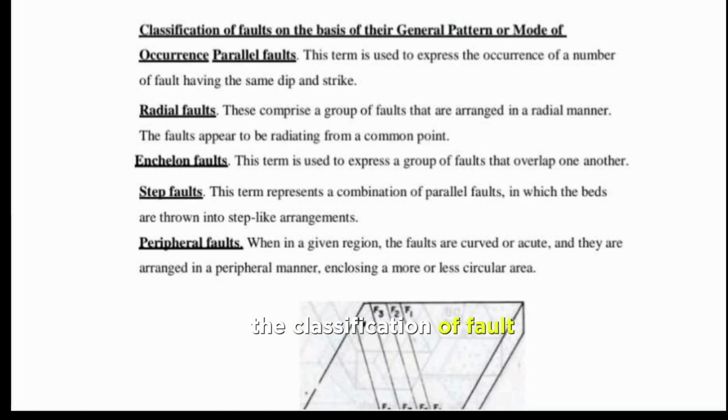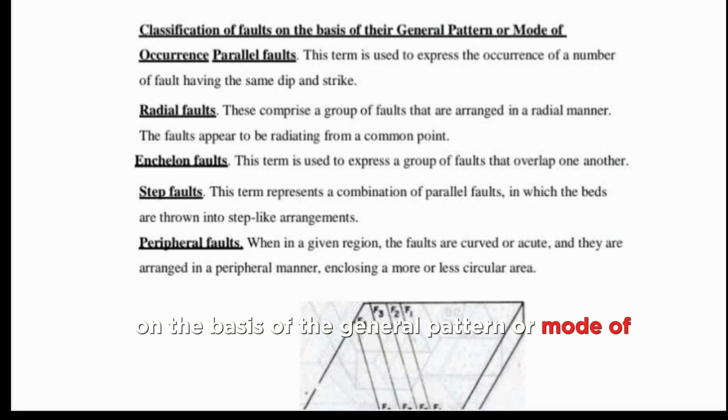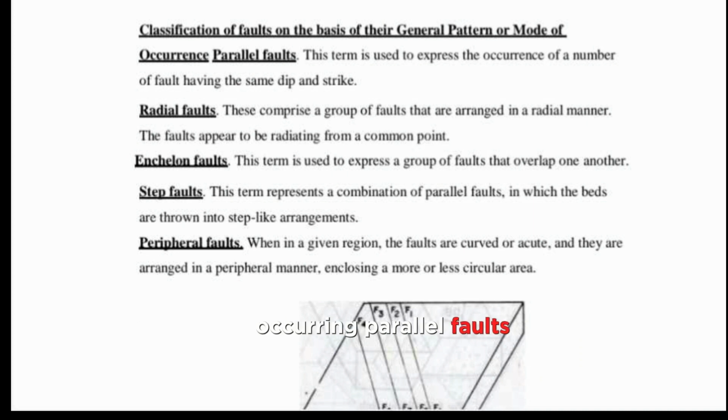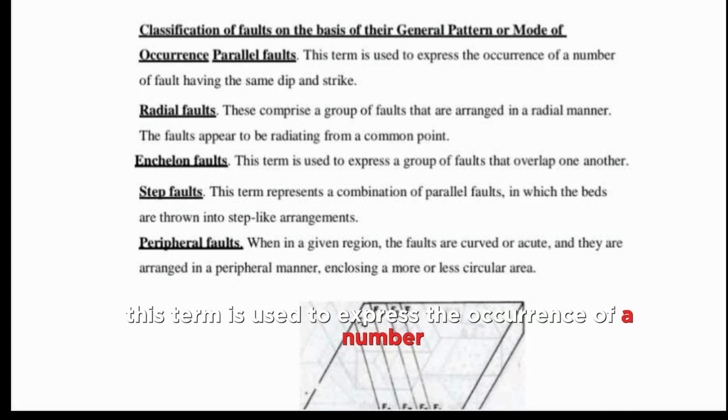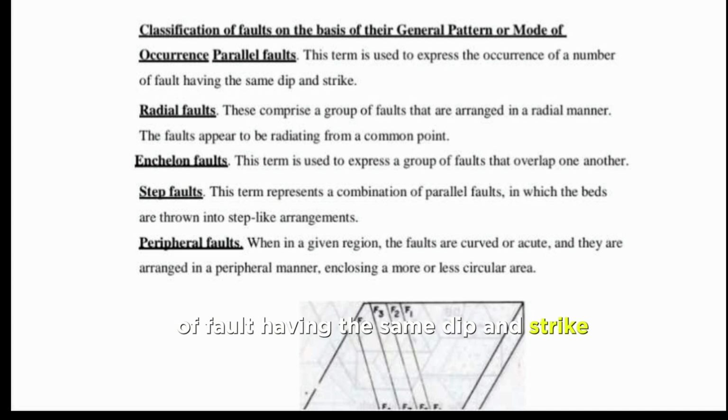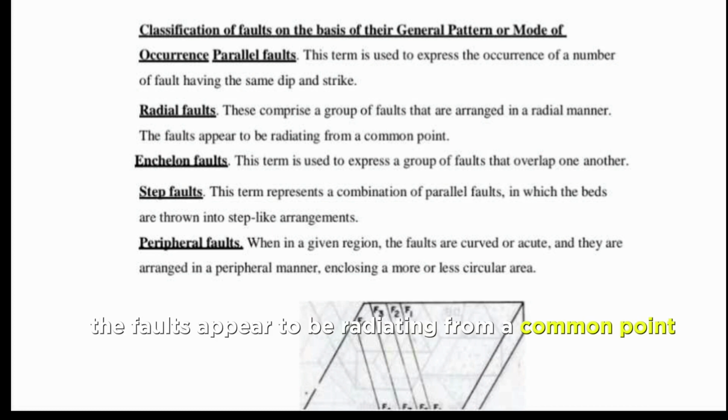The classification of faults on the basis of their general pattern or mode of occurrence. Parallel faults: this term is used to express the occurrence of a number of faults having the same dip and strike. Radial faults: these comprise a group of faults that are arranged in a radial manner, the faults appearing to originate from a common point.